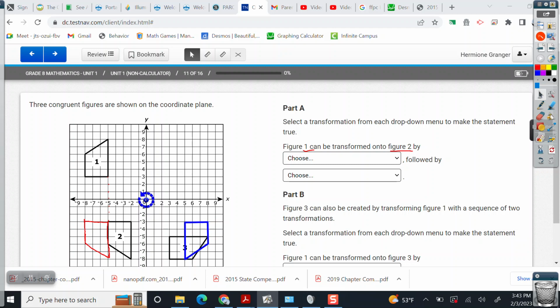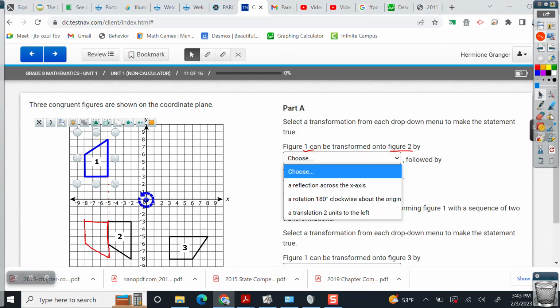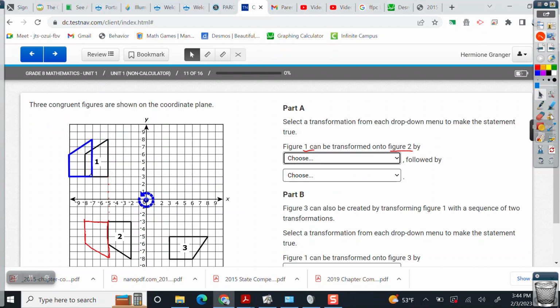That is clearly not going to help us in this problem unless we could still do a reflection over a line that is x equals something, but probably not. And then a translation 2 units to the left is just going to move this object 2 units to the left, and that's really not going to help us.